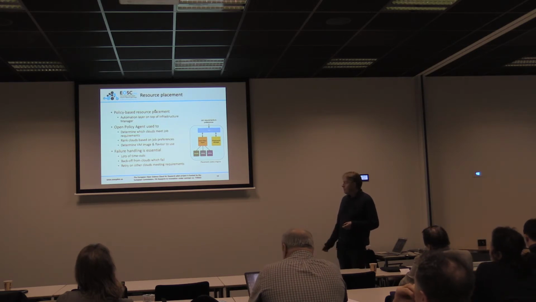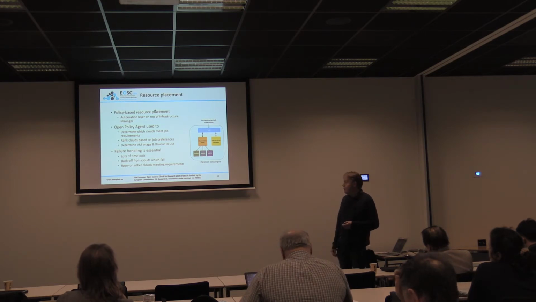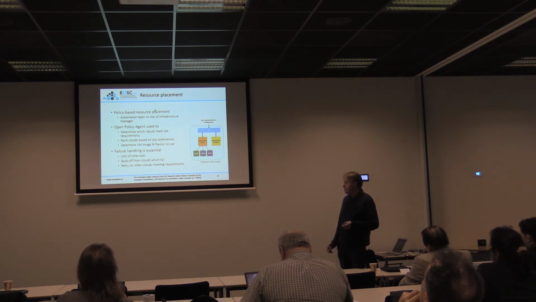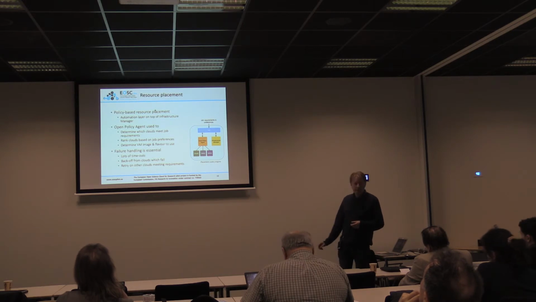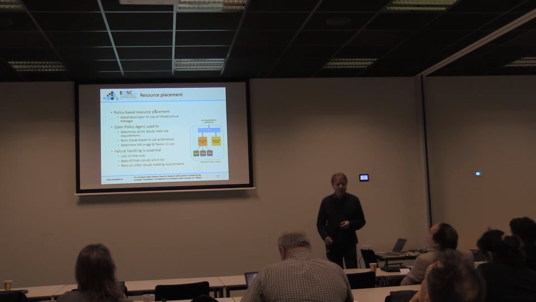For this, we use a software called Open Policy Agent, to which we provide a list of all the clouds that we want to use or potentially use. We can store status information about each cloud and then provide the policy for deciding what cloud to use. The system then determines the clouds that meet your requirements, can rank them if necessary, then try the first cloud in the list, and if that fails, it can try another cloud, and so on.